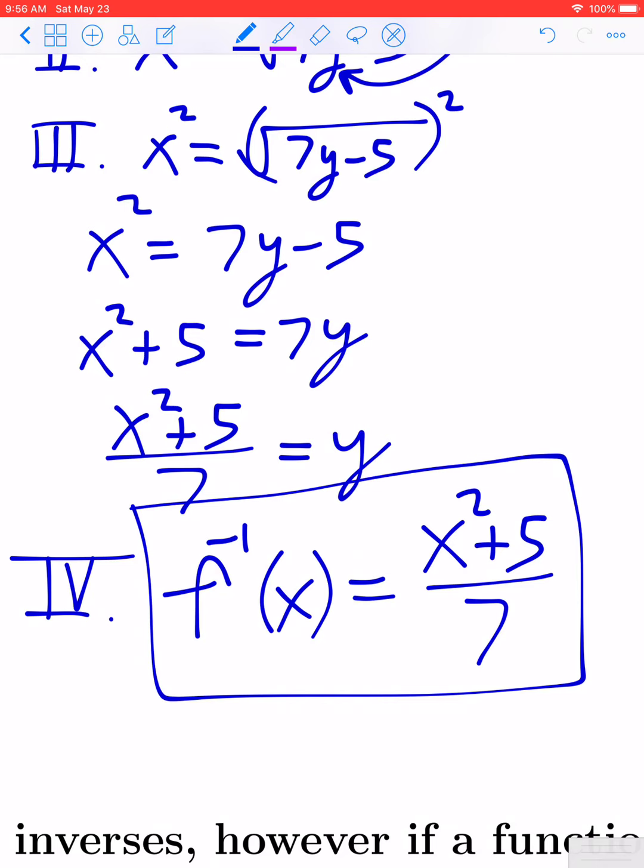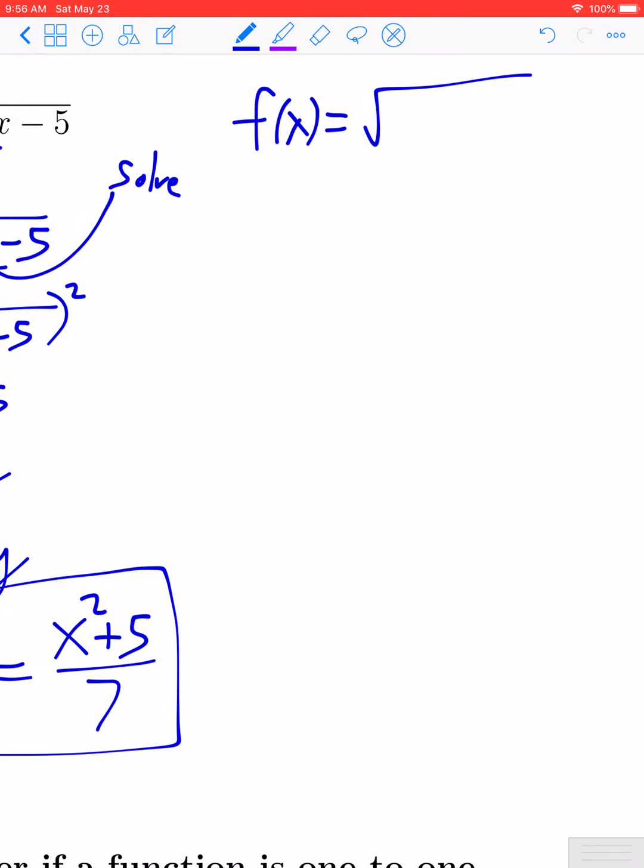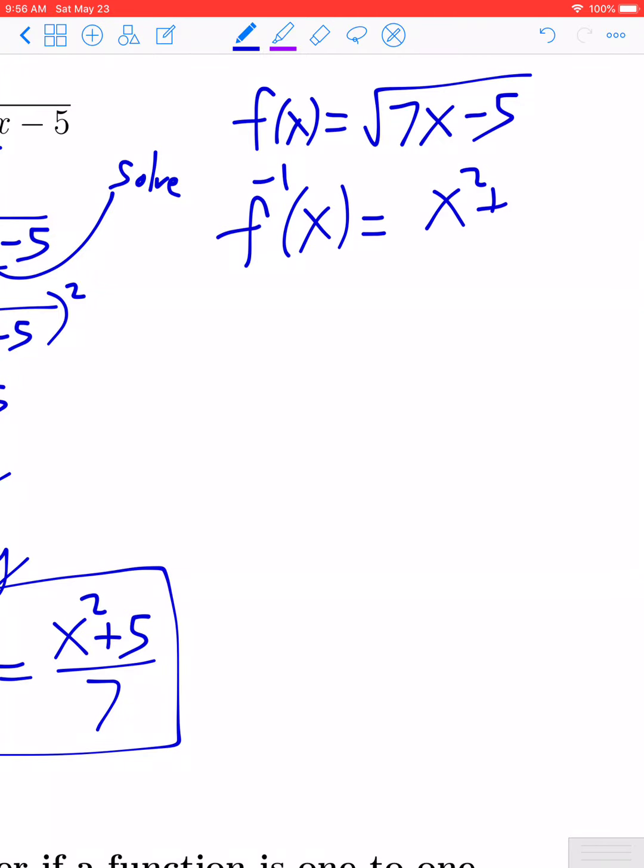If we're unsure of our answer, and this is not a bad thing to do, we can always check this by forming the two compositions and showing that they both give us x. Let's go ahead and do that. So we said that f of x was the square root of 7x minus 5. F inverse of x we're claiming is x squared plus 5 over 7.